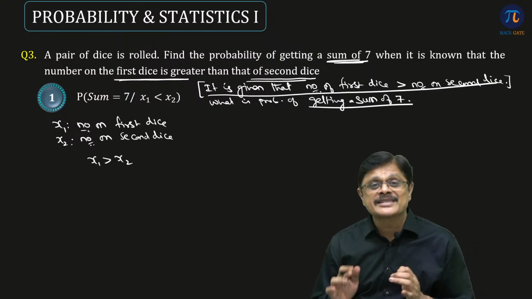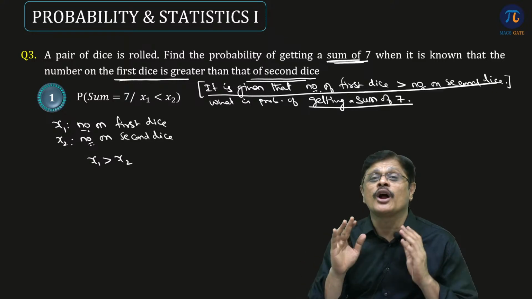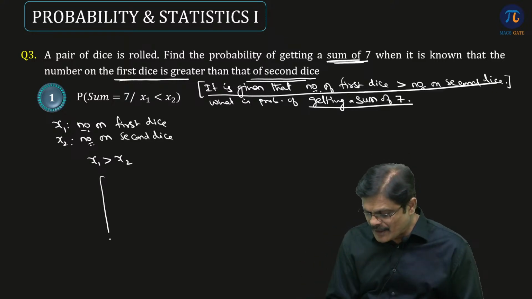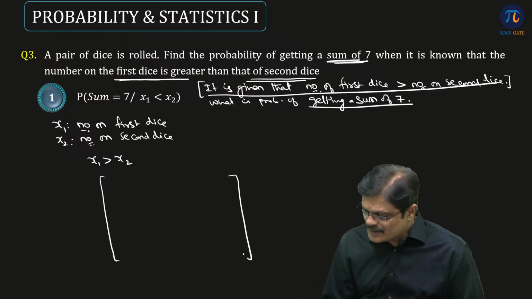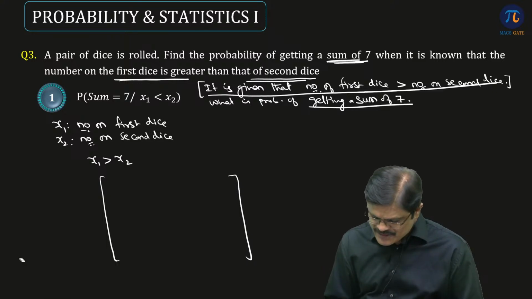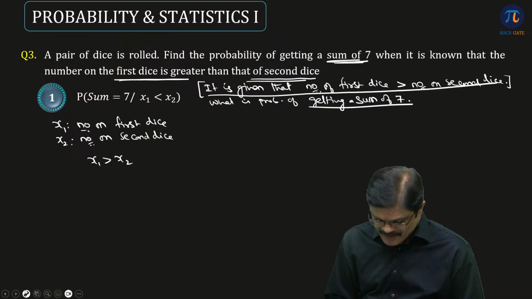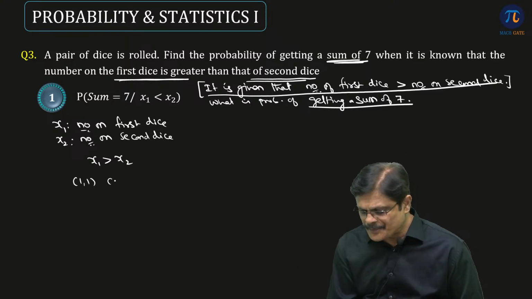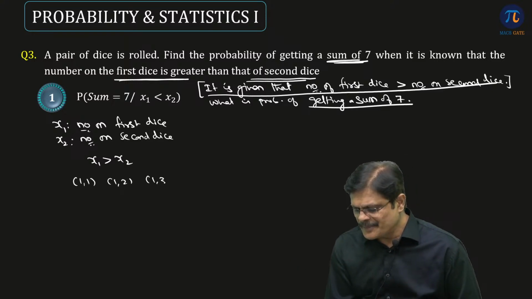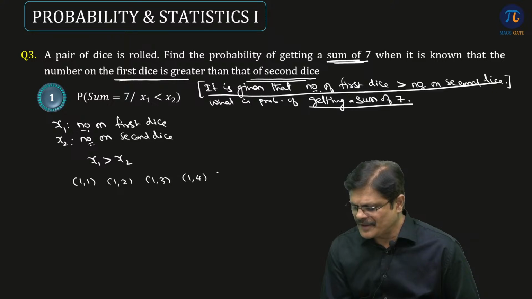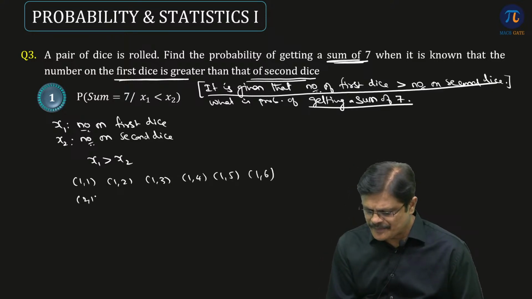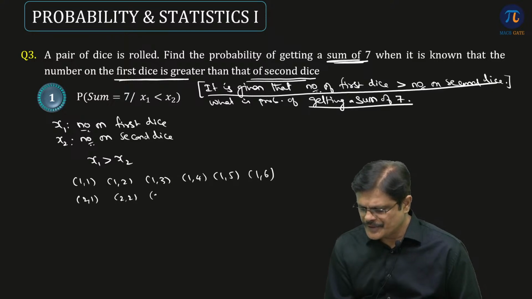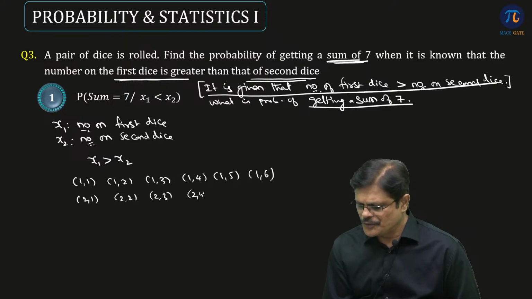What has already happened, sir? x1 greater than x2 has already happened. If you remember, when two dice are rolled, let me remove these numbers, then I'll write it. When two dice are rolled, what are the possible outcomes, sir? 1 1, 1 2, 1 3, 1 4, 1 5, 1 6. Then it is 2 1, 2 2, 2 3, 2 4, 2 5, 2 6.